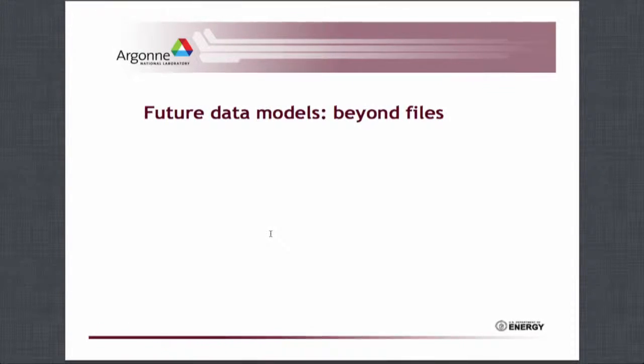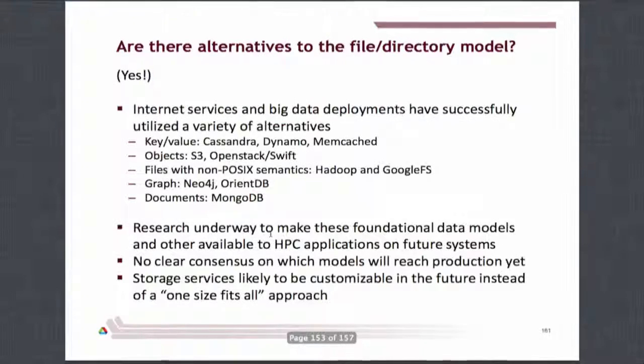I'm almost out of time, but just a couple of minutes. In addition to changing architectures, there's some different data models that may be available in the future. So everything we do now ultimately ends up in a file and directory, but it doesn't have to be that way. If you go read any papers about internet services from Google or Hadoop, you see different ways of doing things.